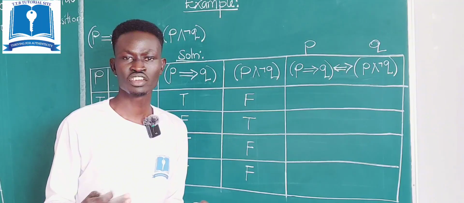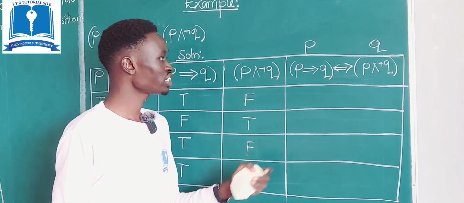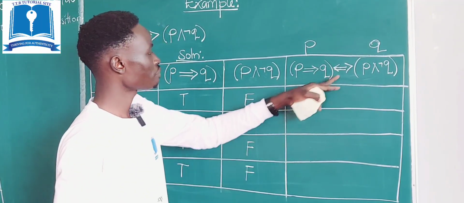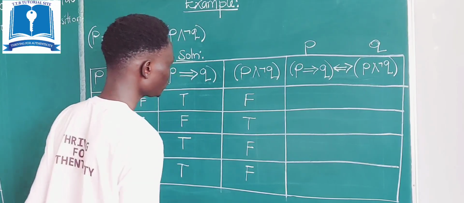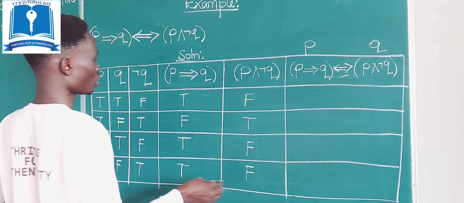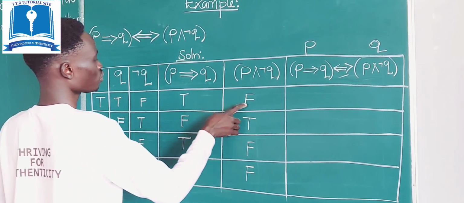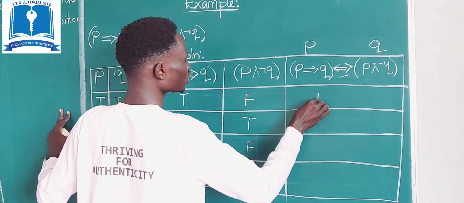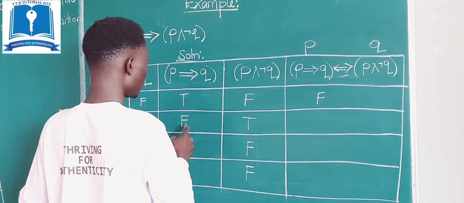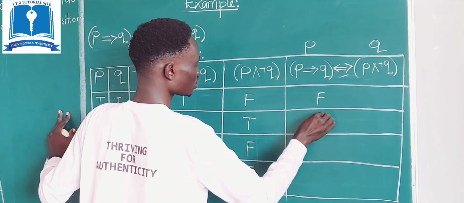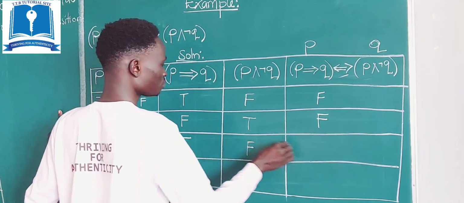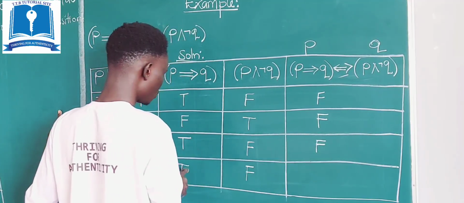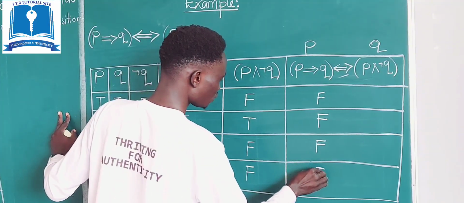So when they have different truth values, that's when we say this statement is false for biconditional. So now let us see. It is true, true, meaning it is true. It is true, false, meaning it is false. It is false, true, meaning it is false. It is false, false, meaning it is true.